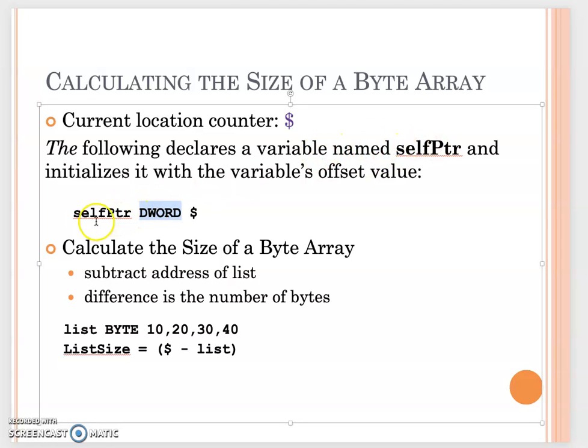That's why you have this selfPtr data label, and the size is 4 bytes. Here you give it the $ sign, and this $ sign gives you the current offset value, just the location. So that's the current location in memory, we tell you where it is.